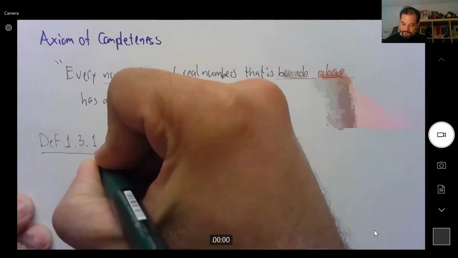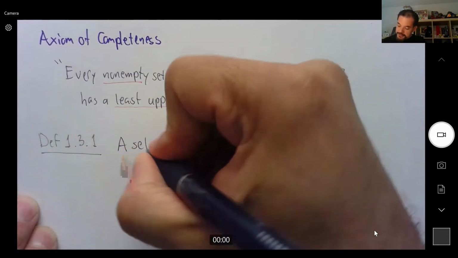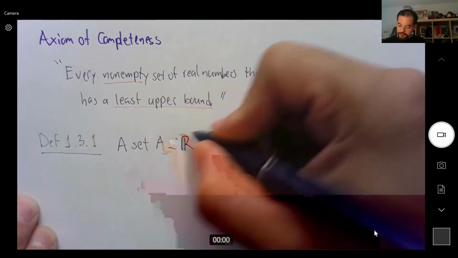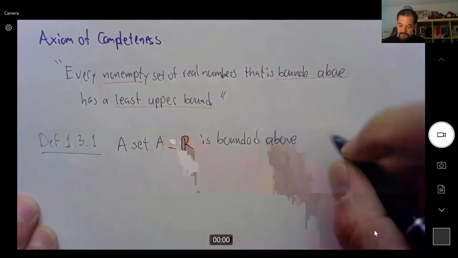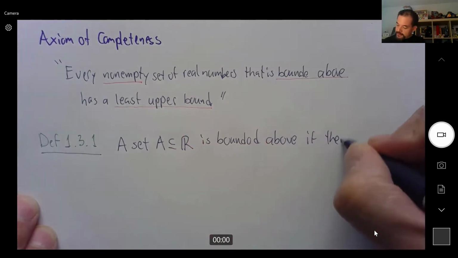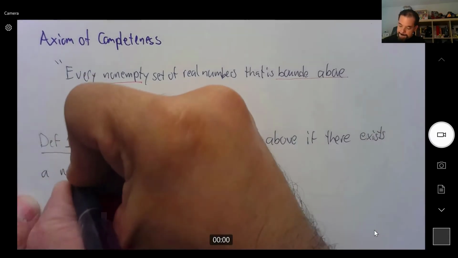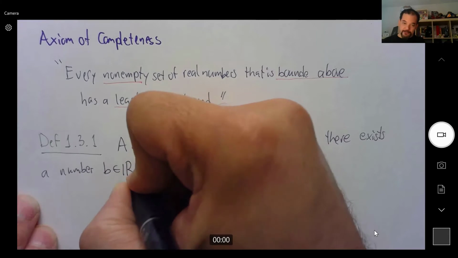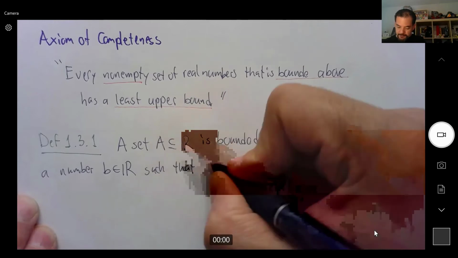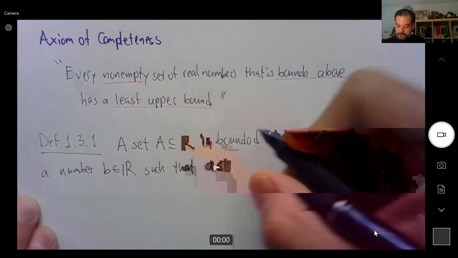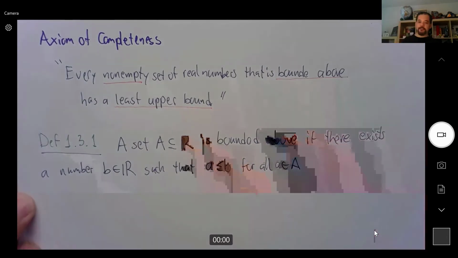Definition 1.3.1. And this is what it means to be bounded above. Okay, so a set A, subset of the real numbers, is bounded above if there exists a number B, that's the bound, such that a is less than or equal to B for all a in A. All right, let's understand.